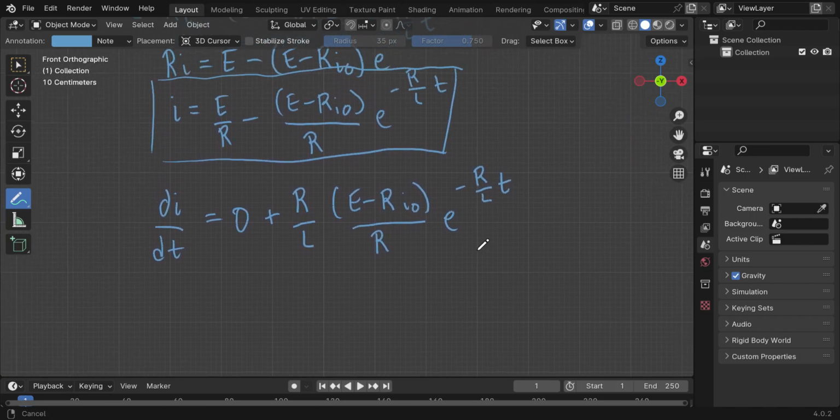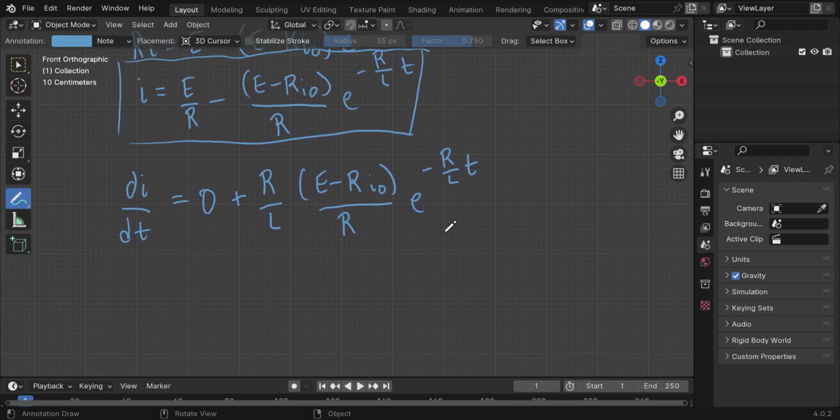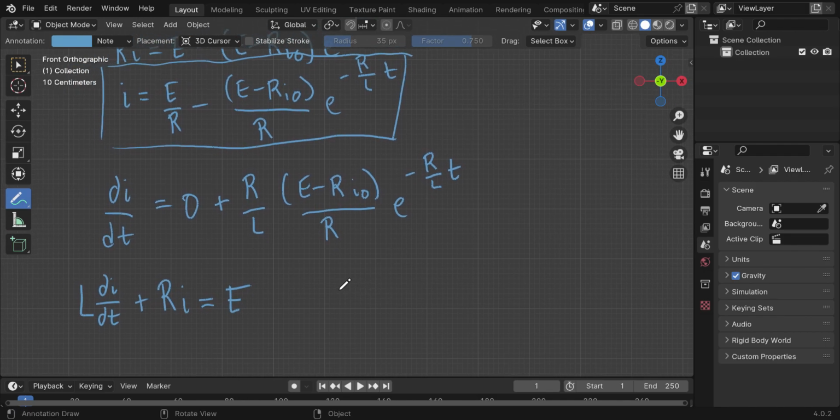So let's think about what the differential equation said. If we can remember back, I believe it said L times di/dt plus R times I equals E. So using these two equations, let's plug it in and see what we get.